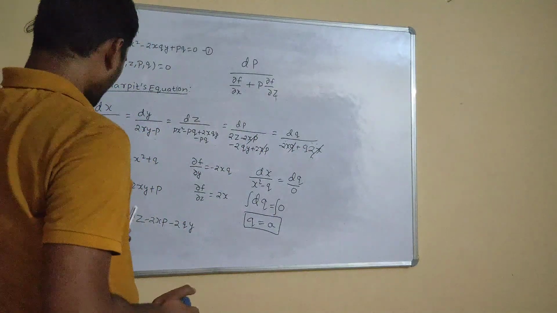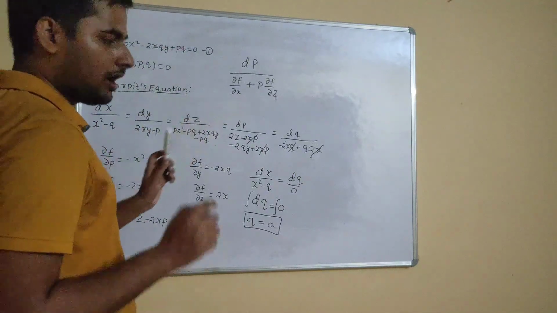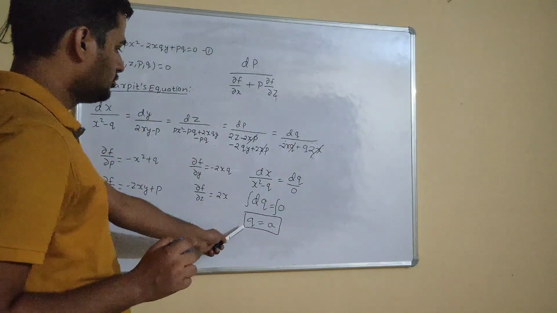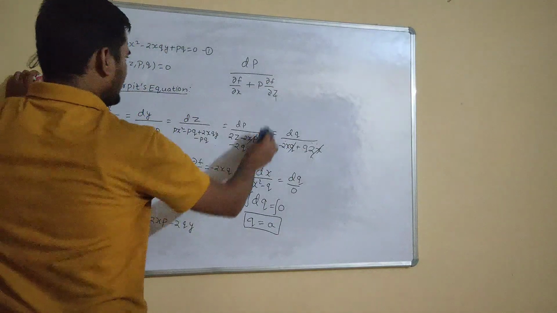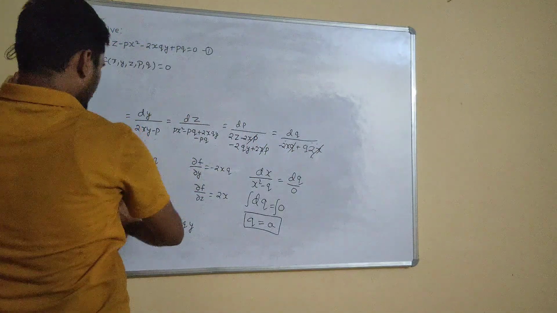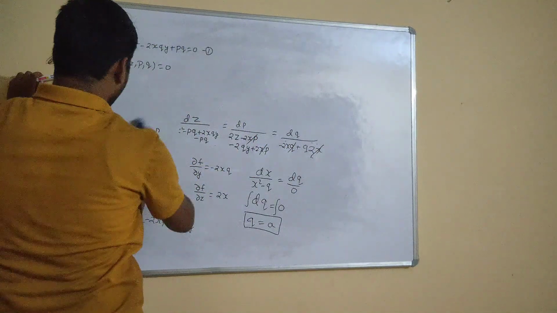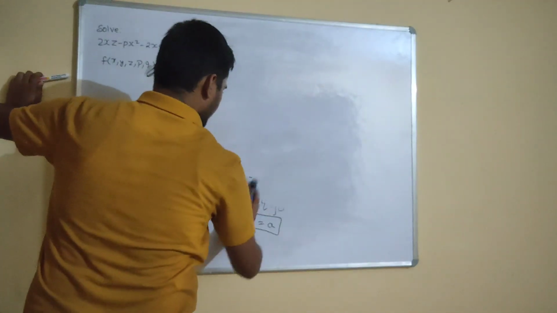Now from all these, I am getting only one equation, that is q equals a. So it's better to remove everything because they are of no use to us now. So q equals a is the only input we are getting from the discussion till now.